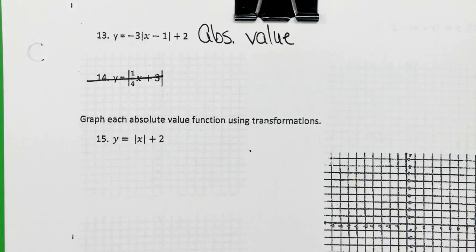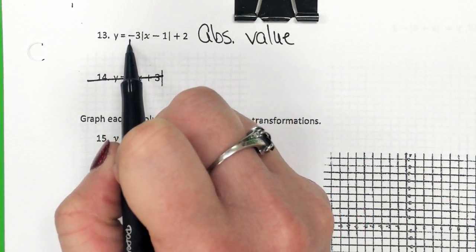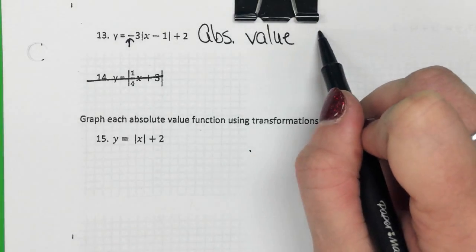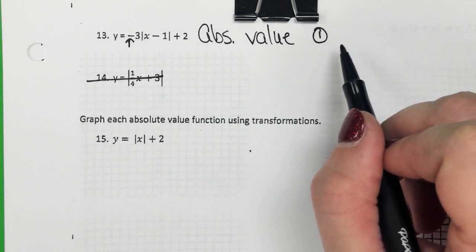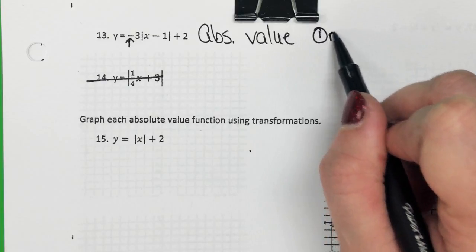You can't just write absolute. Then what's it say to do? Describe a transformation, right? So what's this guy do? Beautiful.